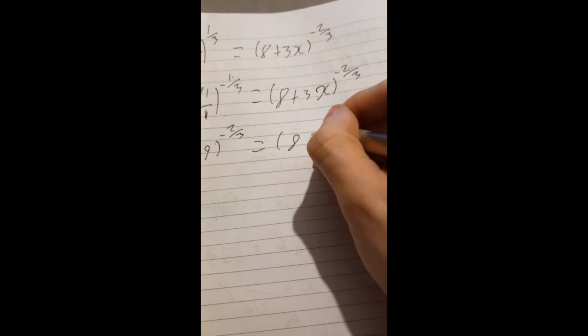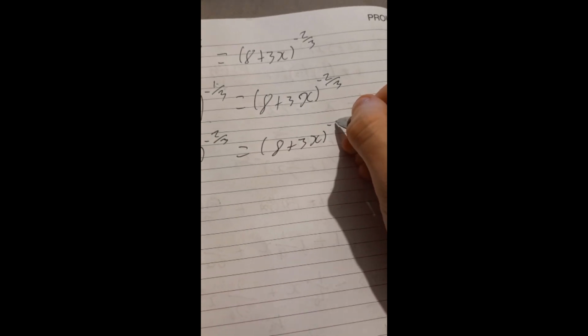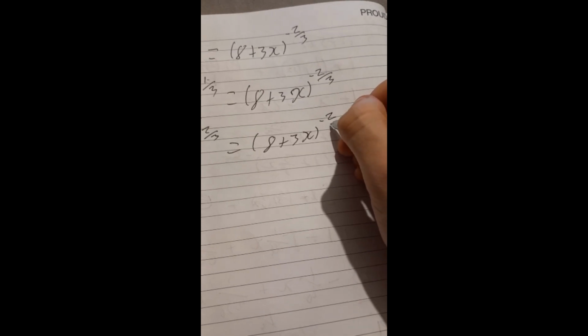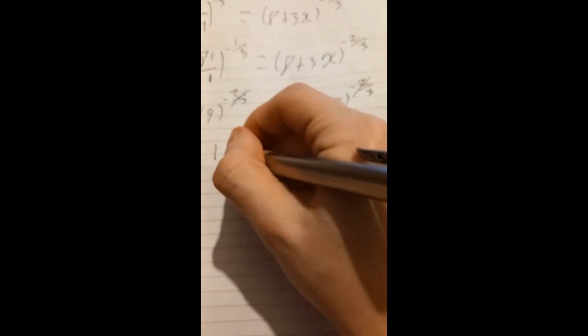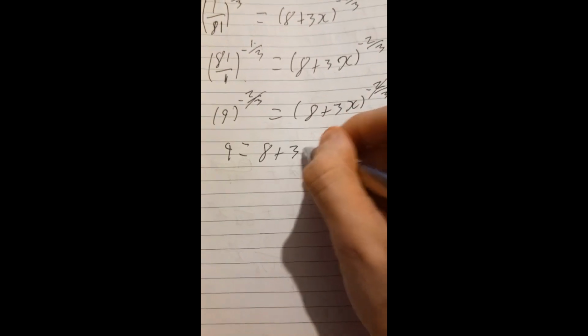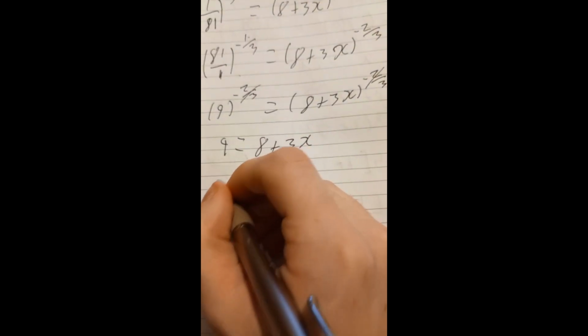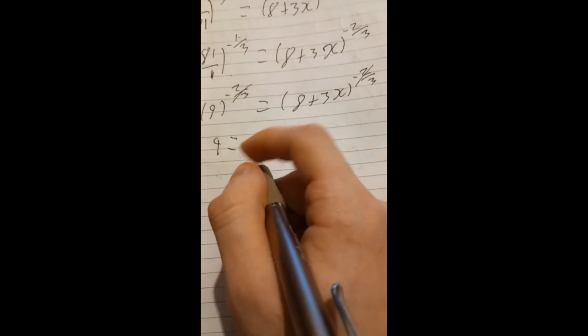equals 8 plus 3x times 10 to the power of 2 to the minus 3. So these are the same, so they can cancel. Now we've got 9 equals 8 plus 3x. What's 9?